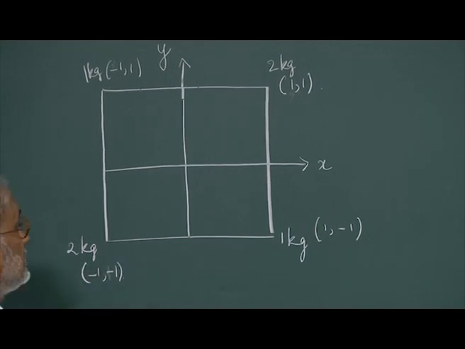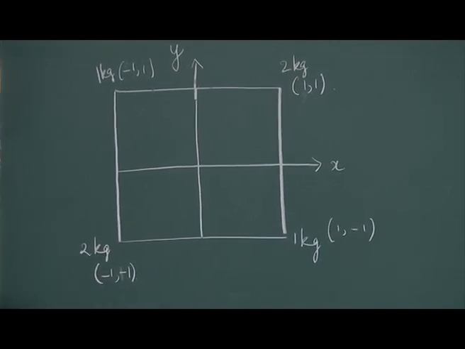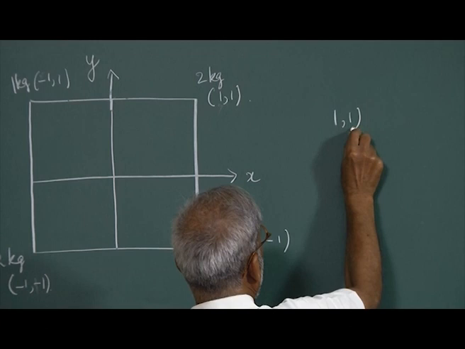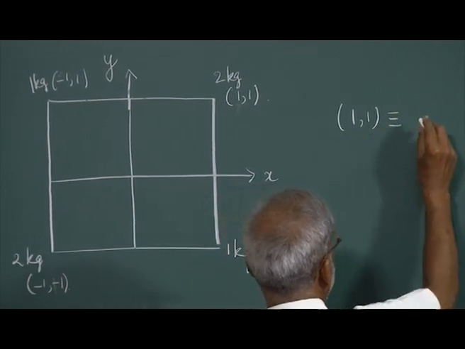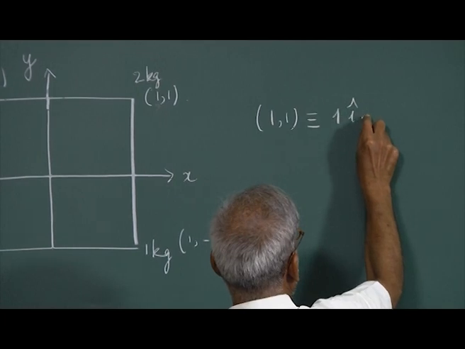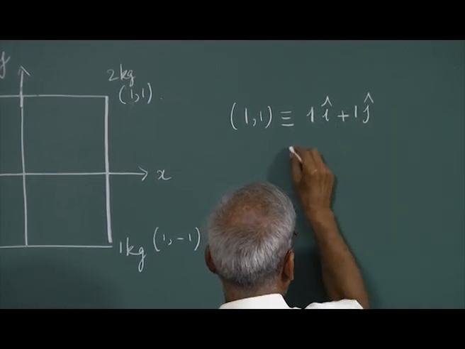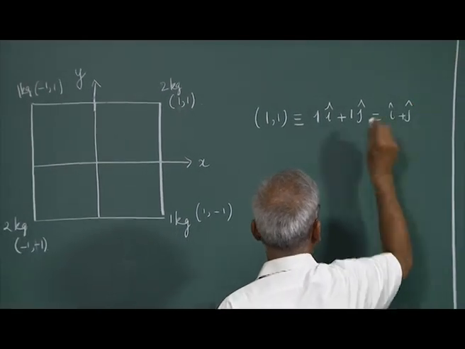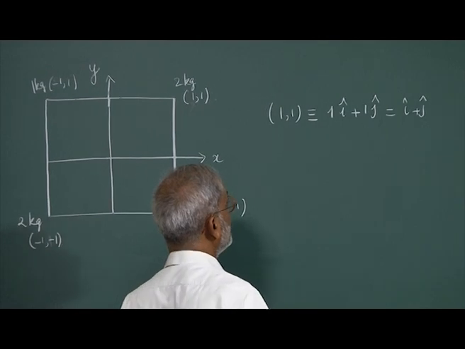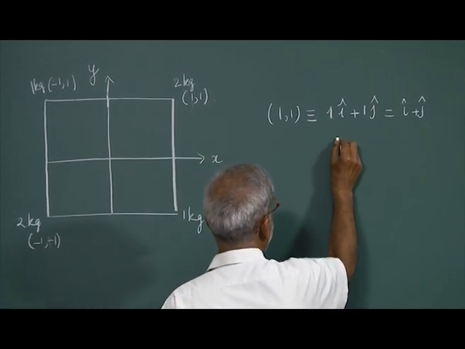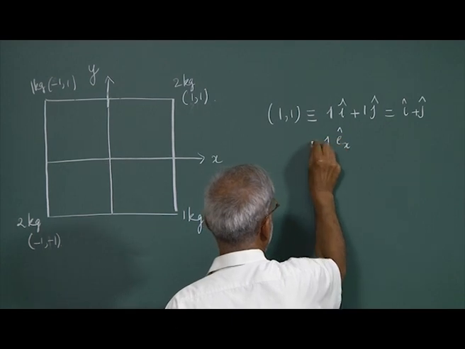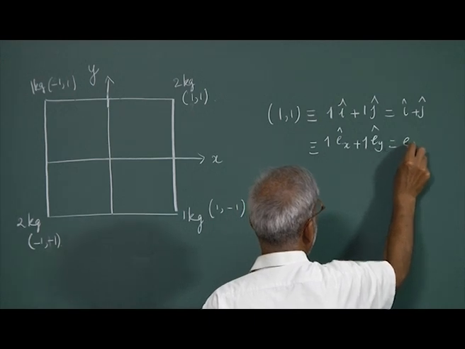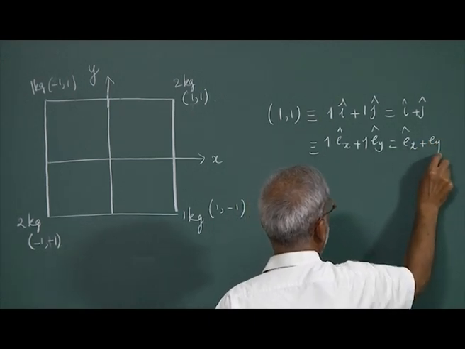This problem we did. So, just for the sake of recalling, remember when I write a coordinate as 1 comma 1, this actually means a vector 1 times i plus 1 times j, which is the same as i plus j, and sometimes unit vectors are also denoted in this way. i is denoted as e_x times 1 plus 1 times the unit vector along the y direction, therefore e_x plus e_y.